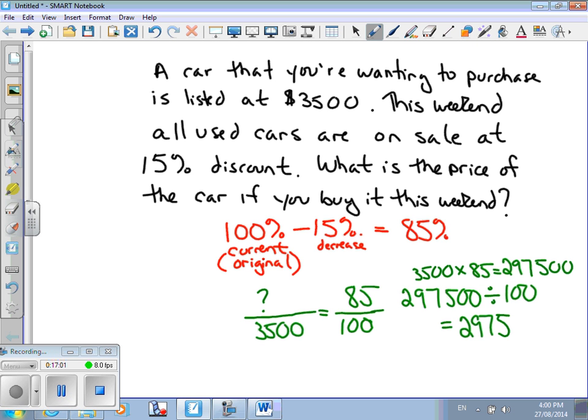So the car will cost $2,975 this weekend.